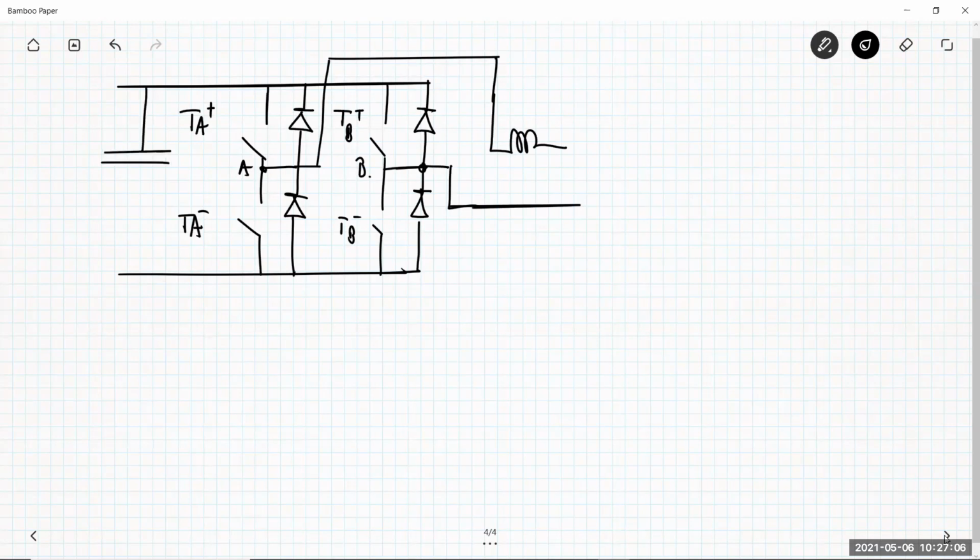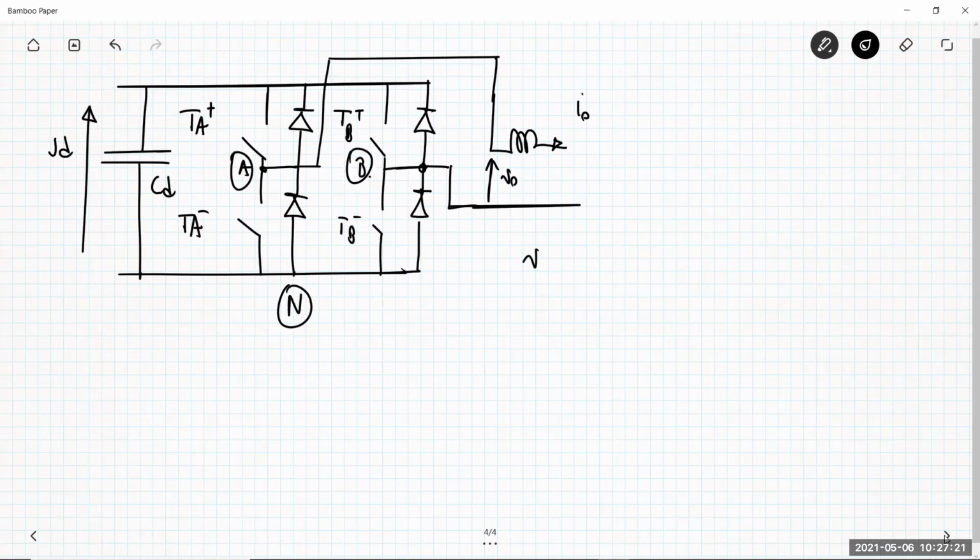This is the voltage port, which we have VD. Here we have a current, I naught. Then you have here a voltage, V naught. This node is called N. Remember that V naught is VAN minus VBN, the difference between the outputs of the two half bridges.